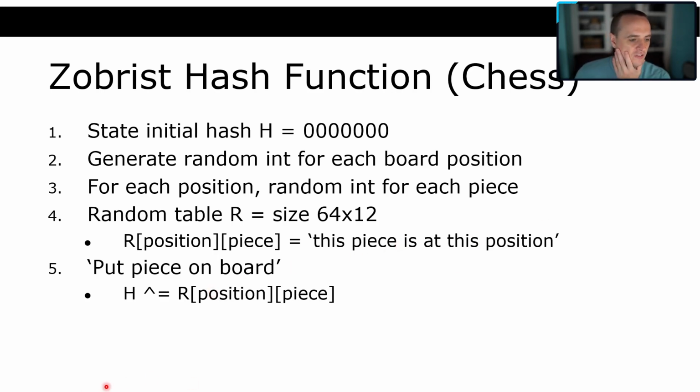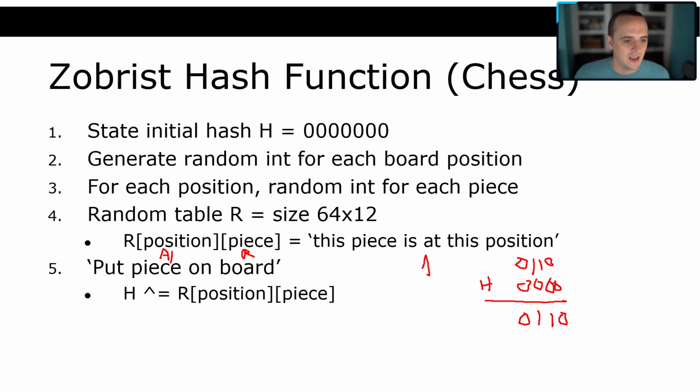For example, let's say it's A1, and we had a rook there. If A1 rook had a value of like 0, 1, 1, 0, okay? Now we're going to take H, which is initially zeros, 0, 0, 0, 0. We're going to do XOR, so we get 0, 1, 1, 0. And so the hash value of 0, 1, 1, 0 means that there is a rook on position A1.